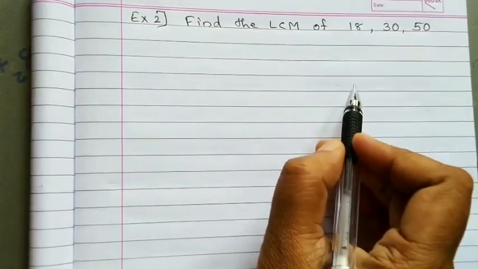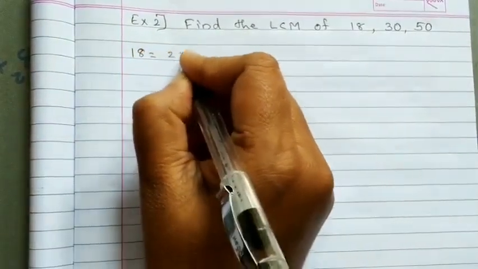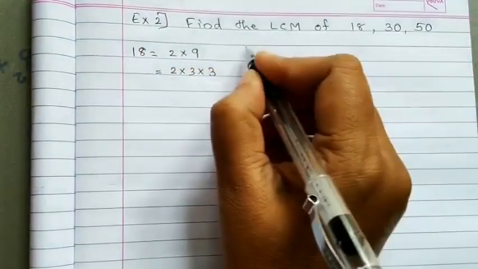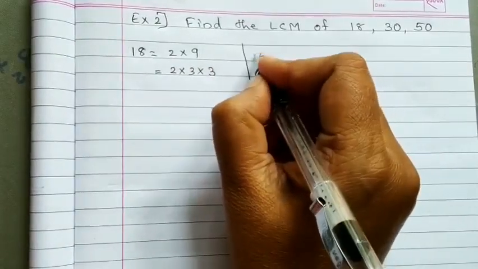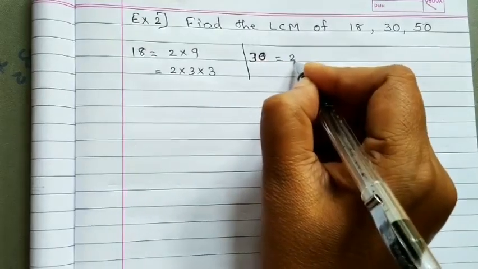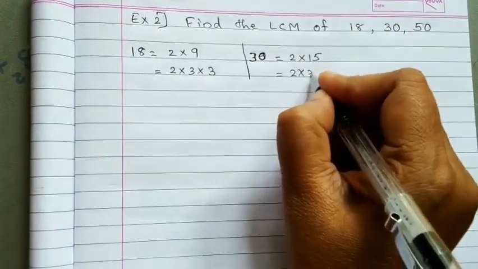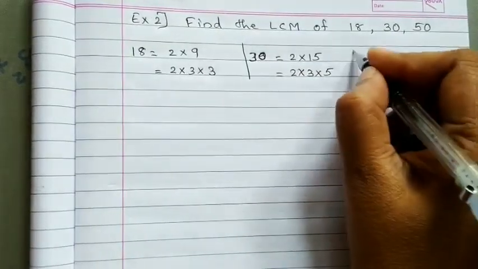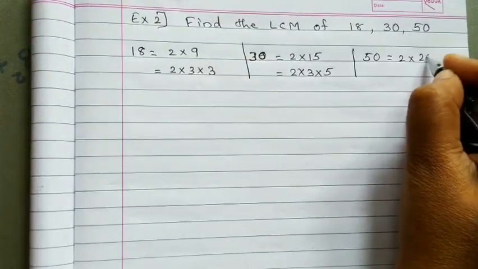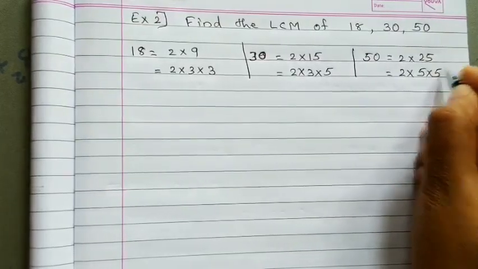Again, let's do the same thing. Let's write the prime factors of all the numbers. 18 is 2 multiplied by 9. That means it is 2 multiplied by 3 multiplied by 3. Now 30. 30 can be written as 2 multiplied by 15, which again can be factorized as 2 multiplied by 3 multiplied by 5. 50 can be written as 2 multiplied by 25, which again can be factorized as 2 multiplied by 5 multiplied by 5.